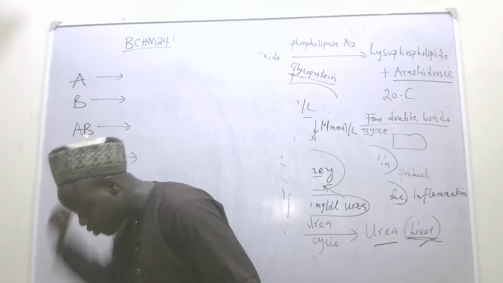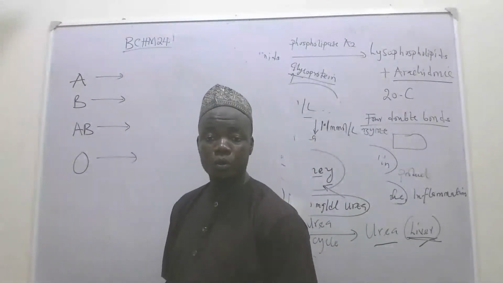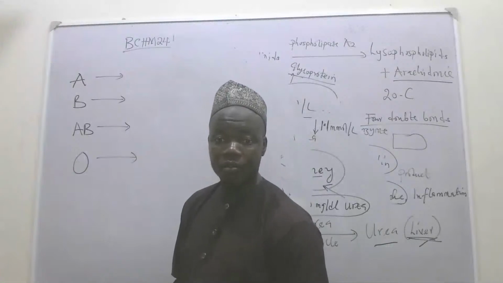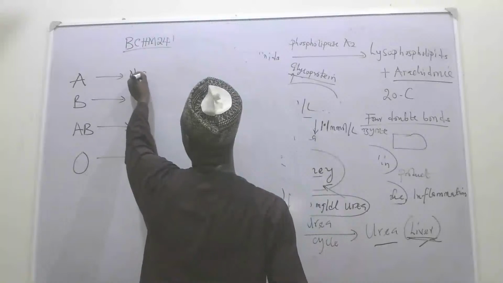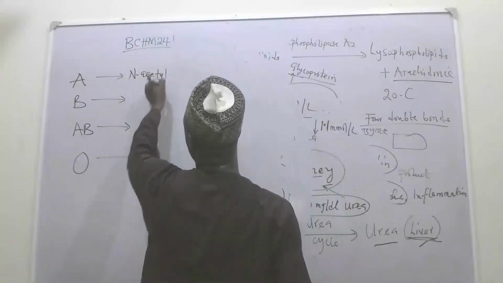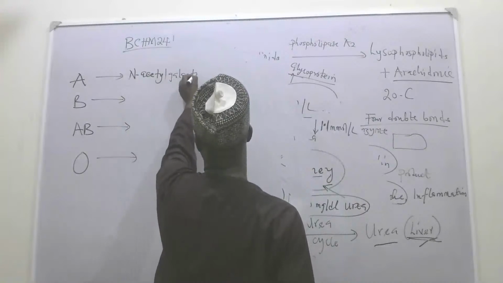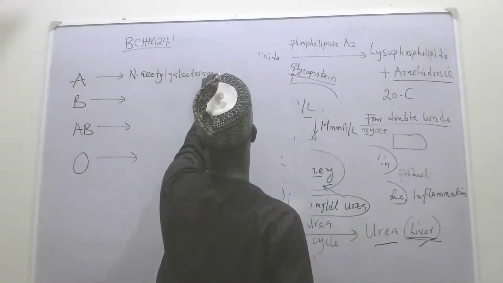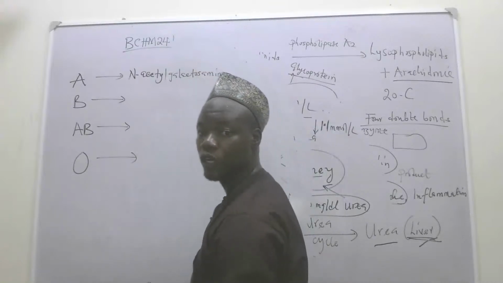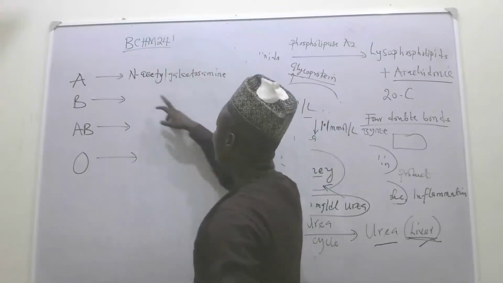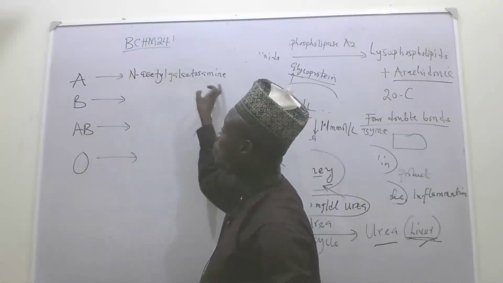And on the surface of the glycoproteins and the glycolipid of an individual with blood group A, they have a monosaccharide called N-acetyl galactosamine. So an individual with blood group A has N-acetyl galactosamine on the surface of their glycoproteins.